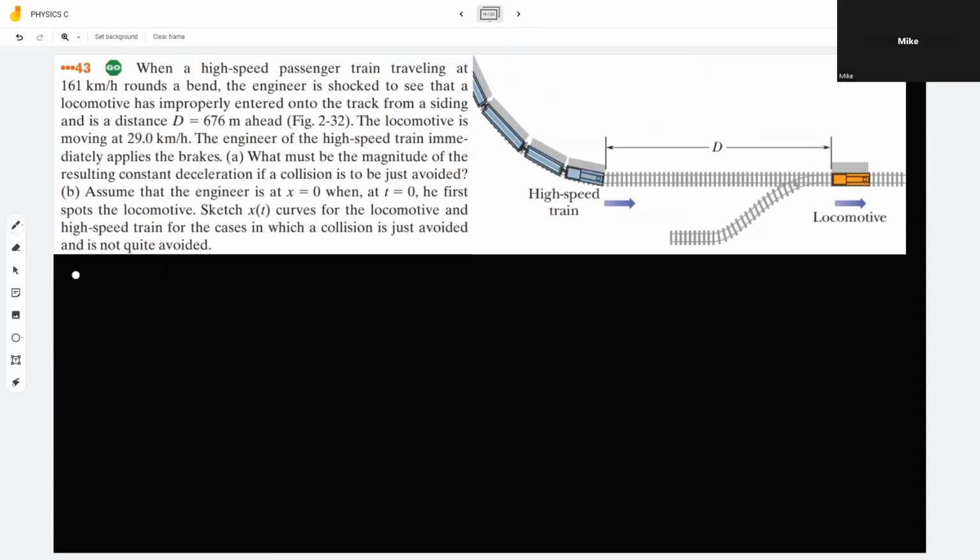So, a high-speed passenger train going 160 kilometers per hour around the bend. Okay. Then, second, 676 meters ahead.